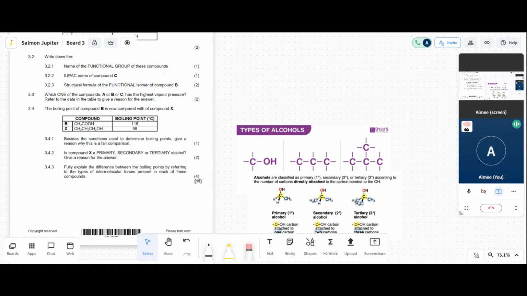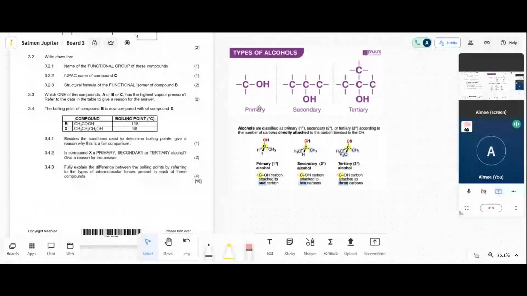But basically, you can see that a primary alcohol, the OH group or the functional group of the alcohol, is only attached to one carbon. Okay, so your OH is attached to a carbon that's only attached to one other carbon. Your secondary alcohol is going to be where your C-OH carbon is attached to two carbons.